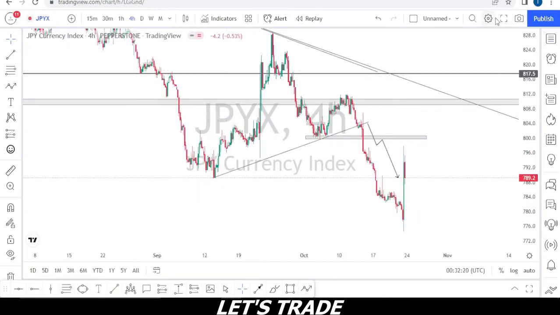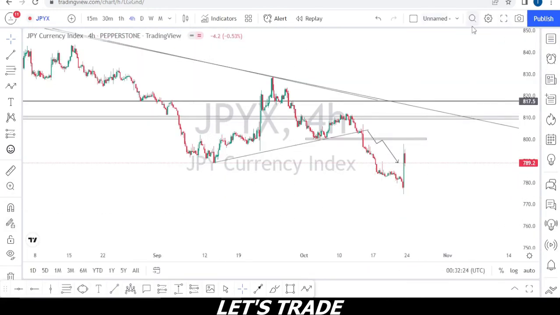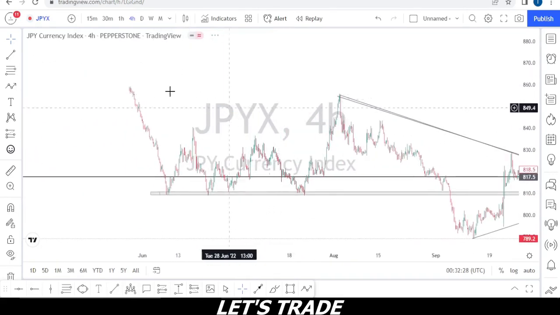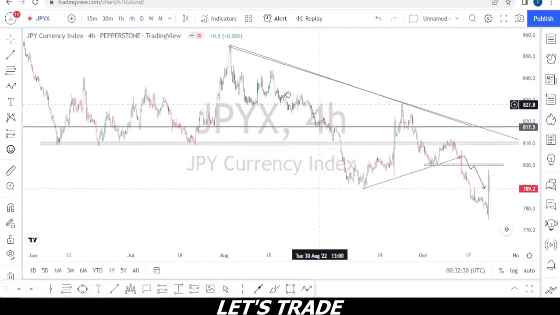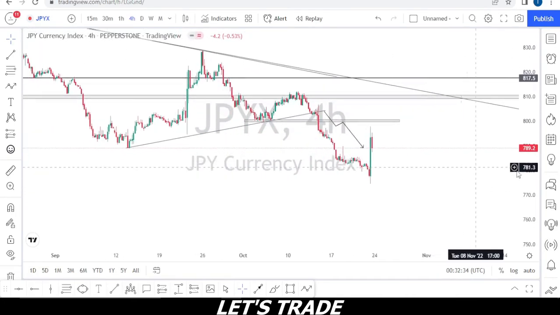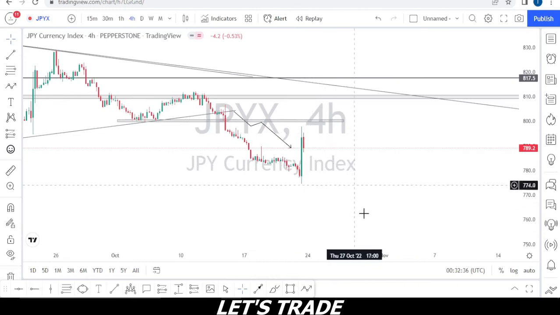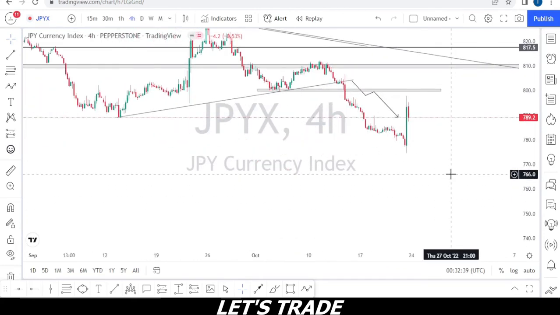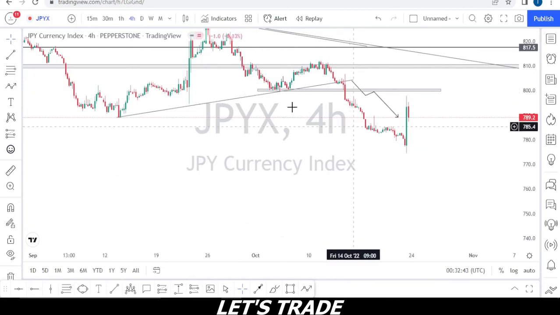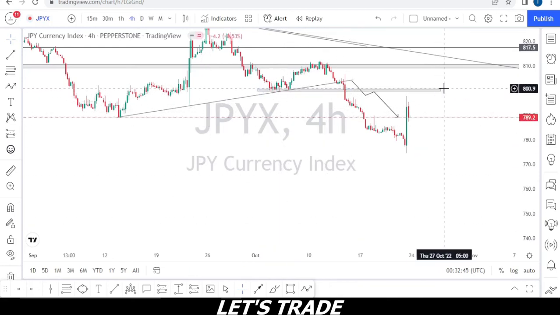Then for the JPY index, price has been collapsing. If I zoom out, you can tell price is in a serious downtrend. But towards the close of Friday, we saw this impulsive move to the upside. What I would like to see is price come into this resistance and give us some kind of rejection.